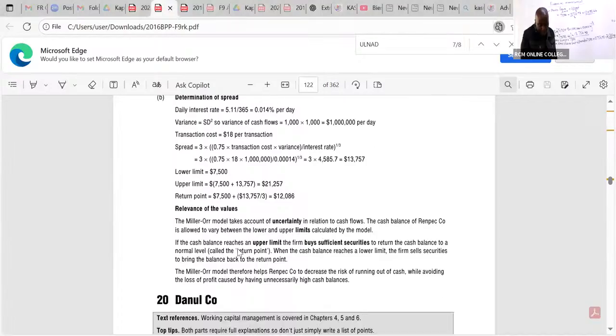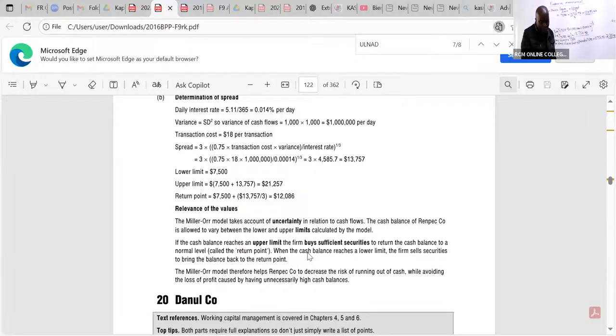If the cash balance reaches the upper limit, when you realize that your cash is really very high, what do you do? You buy shares, you buy securities to reduce your cash balance. So at the upper limit, the firm buys sufficient securities to return the cash balance to a normal level called the return point. And when the cash is depleted, when you realize your cash is really being depleted in the company up to the lower limit, then you sell the shares.